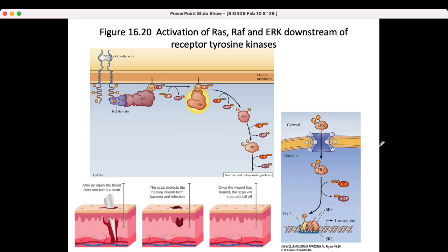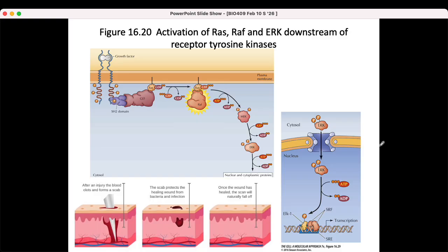And if you have random mutations, they're likely to cause a decrease, a hypomorphic allele, a loss of function. Decreasing that enzyme activity makes the RAS stay active longer, and its job is just to activate the next step in this pathway.